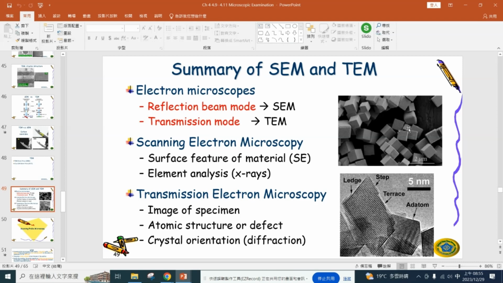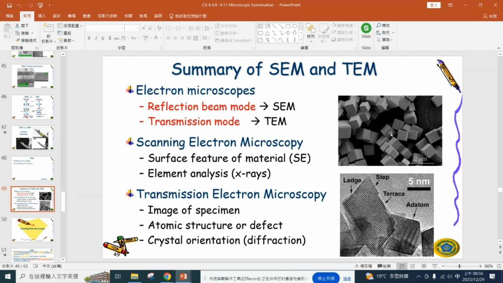The size of each cube is about 1 micrometer per axis, so it's a 1 micrometer by 1 micrometer by 1 micrometer cube. This is the SEM image. The important information you need to get is the scale bar, and then you know the size, the morphology, the geometry of this material.